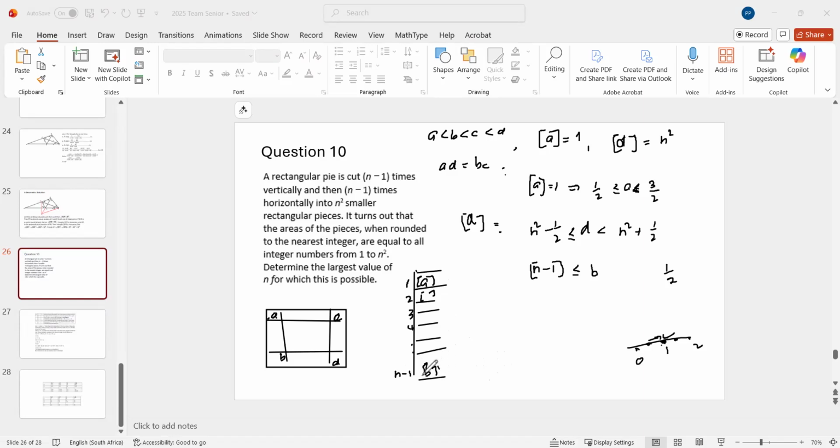The smallest possible value you're going to have here is n minus 1. This is what I'm saying. Sorry, I'm rounding off the wrong thing here. The smallest possible value of the rounding of B is n minus 1.